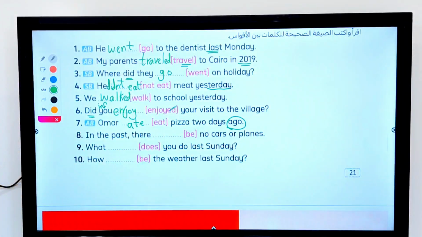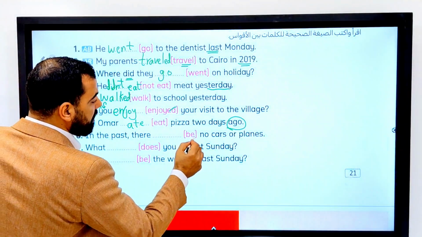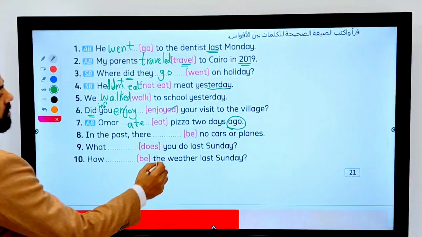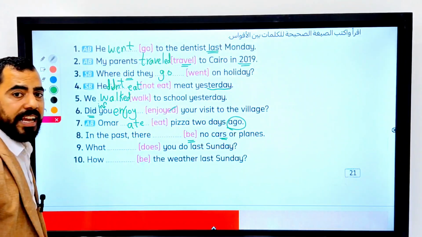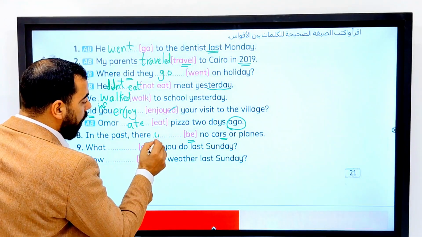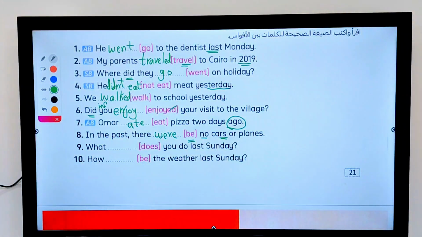In the past there were no cars. The verb to be in the past is was and were. Cars is a plural noun, so there were no cars or planes.